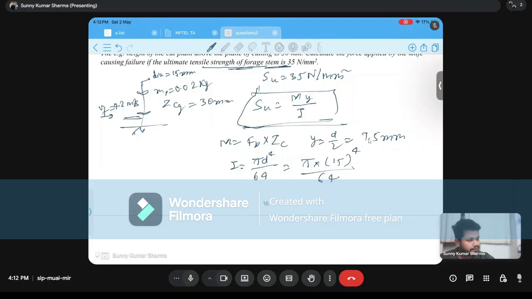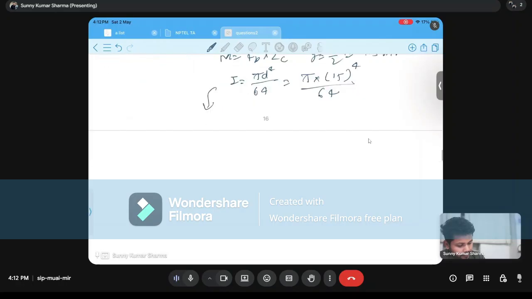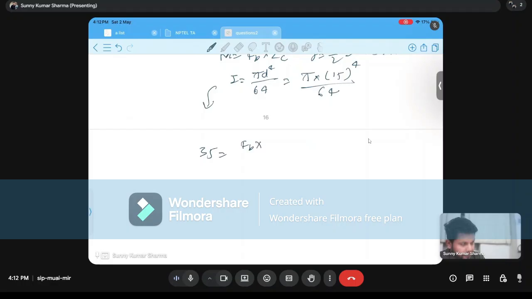From here we can calculate the value of FB. In this expression we are obtaining 35 is equal to FB into 30 into 7.5 by pi into 15 to the power 4 by 64.